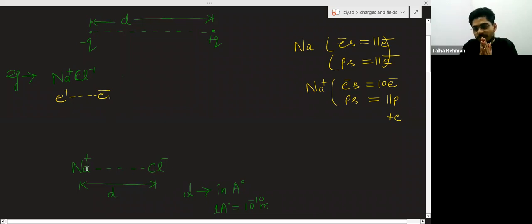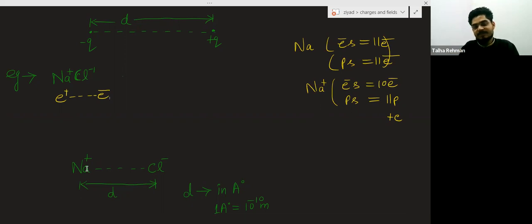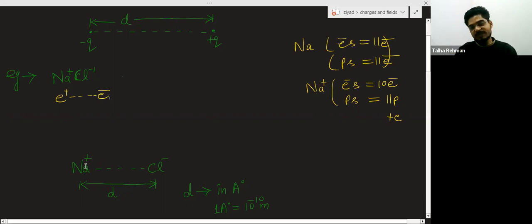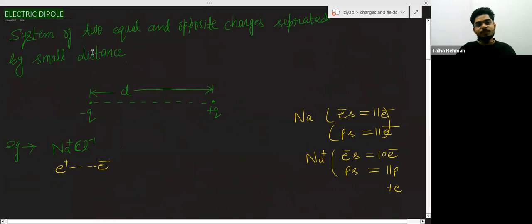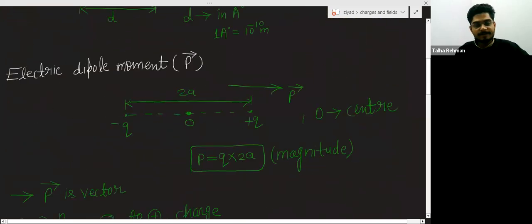Basically these are two charges separated by some distance. Na has a charge of 1 electron, and Cl also has a charge of 1 electron. Equal and opposite charges. So an electric dipole is a system of two equal and opposite charges separated by a small distance.